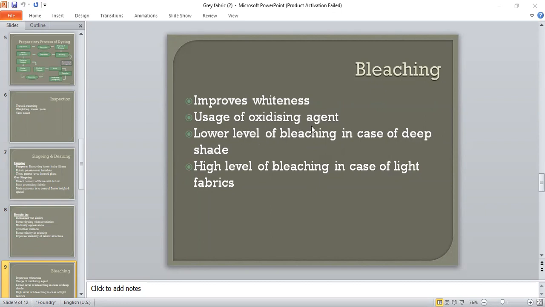It lowers the level of bleaching in case of deep shades. When the fabric is of a deep shade, the level of bleaching will be lower. And in case of light fabrics, a high level of bleaching will be done.